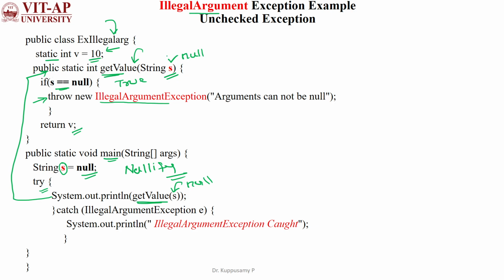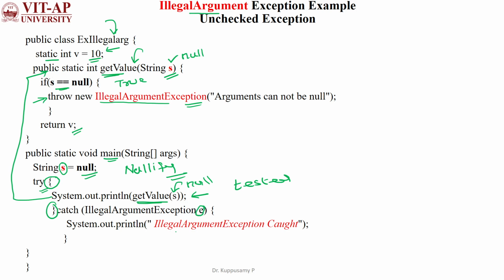Whenever we pass an argument to any method, it should not be null. So here it raises the exception, and that exception is passed out of getValue. This getValue call is inside the try block; the code to be tested is inside the try block. The IllegalArgumentException is caught with the object e.